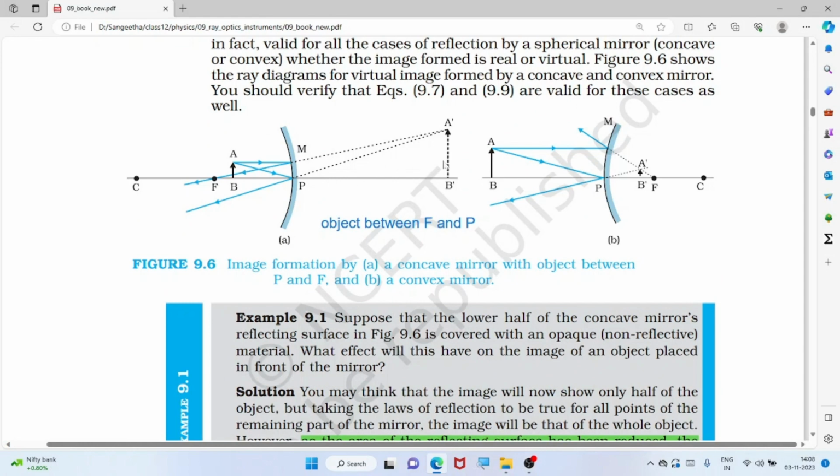This is one scenario where the object is between the focus and the pole. This is the image. It is a virtual image because it is not a real intersection, it is just the extended rays.